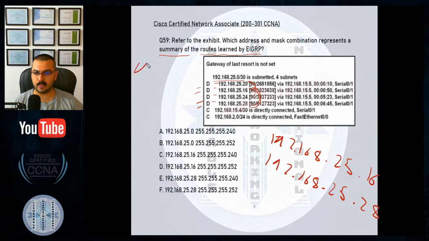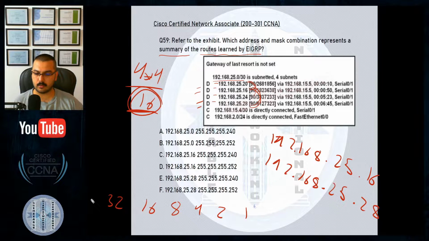So that will be 4 addresses by 4, and they need at least a subnet that includes 16 addresses. An incremental value of 16: 1, 2, 4, 8, 16, 32, etc.